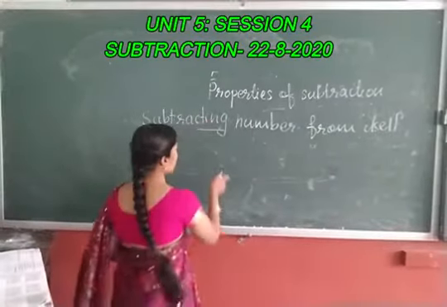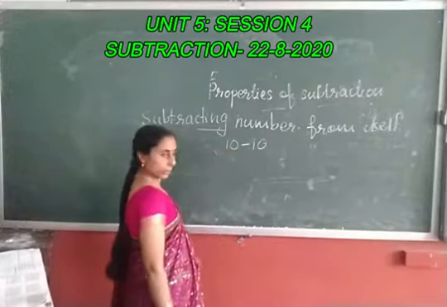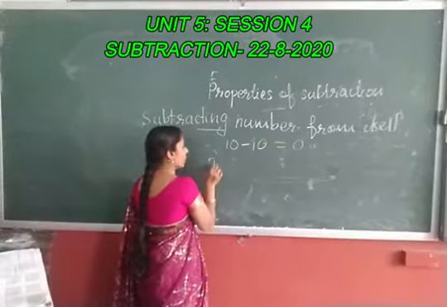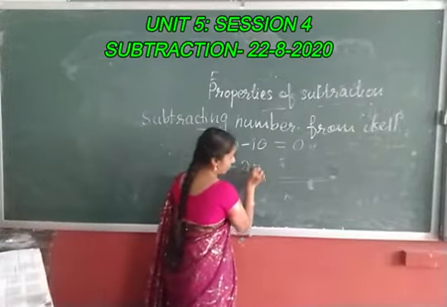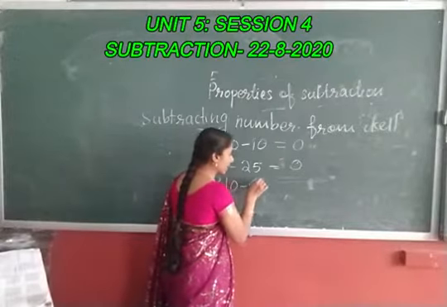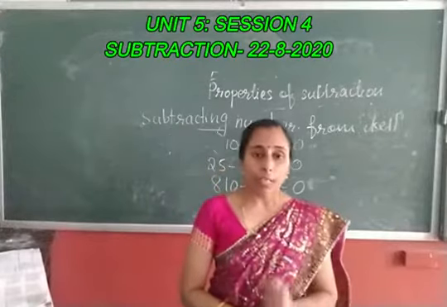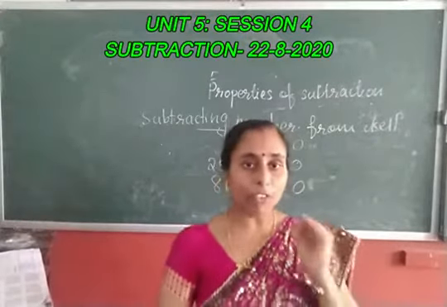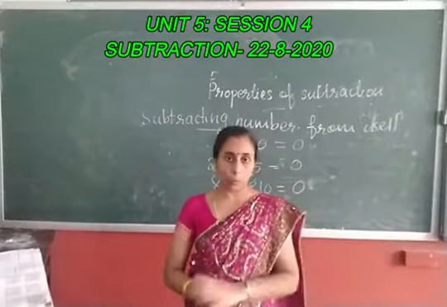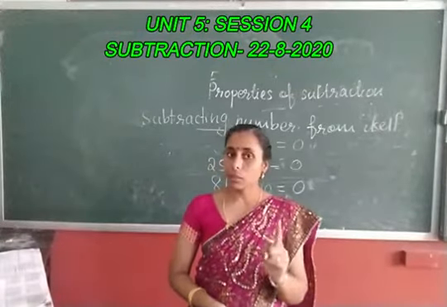Suppose I subtract 10 from 10; the number itself from the number is equal to 0. 25 minus 25 is equal to 0. 810 minus 810 is equal to 0. That is the third property. Whenever we subtract a number from itself, we always get 0.